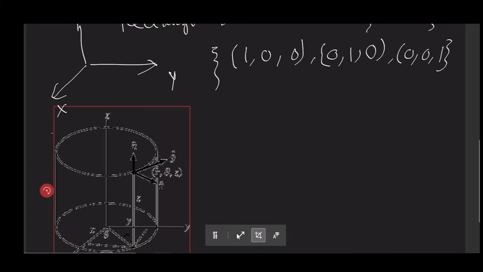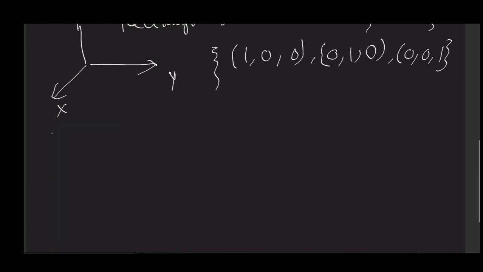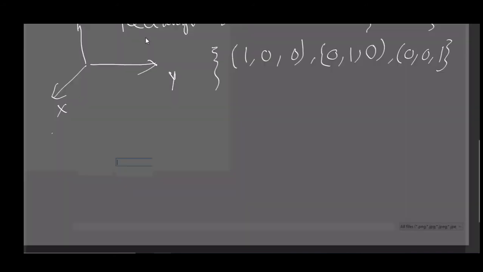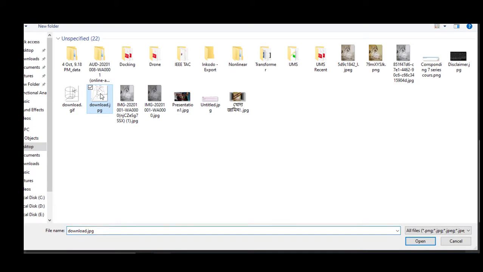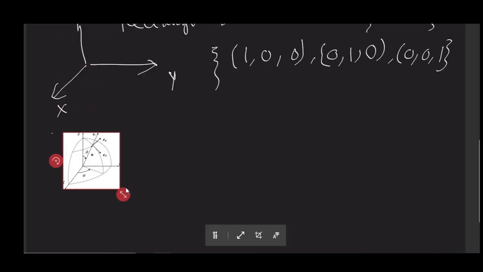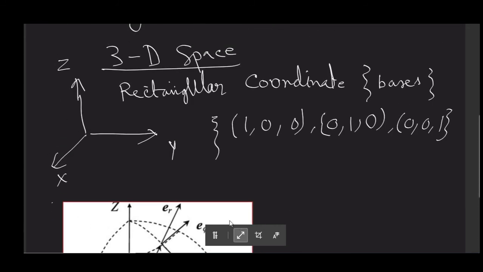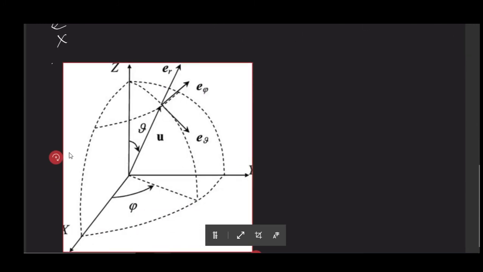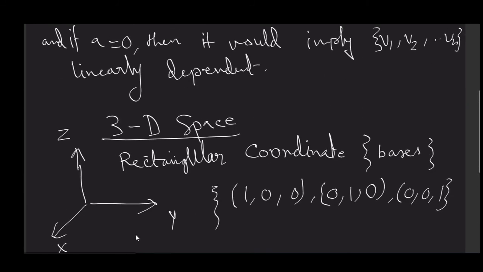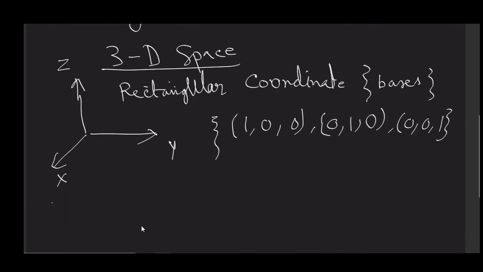Similarly, if you consider the spherical polar coordinate, then you can see that your basis can be represented by r, theta and psi. These three can be. So my point is very simple: for a 3D space you need three orthogonal vectors.